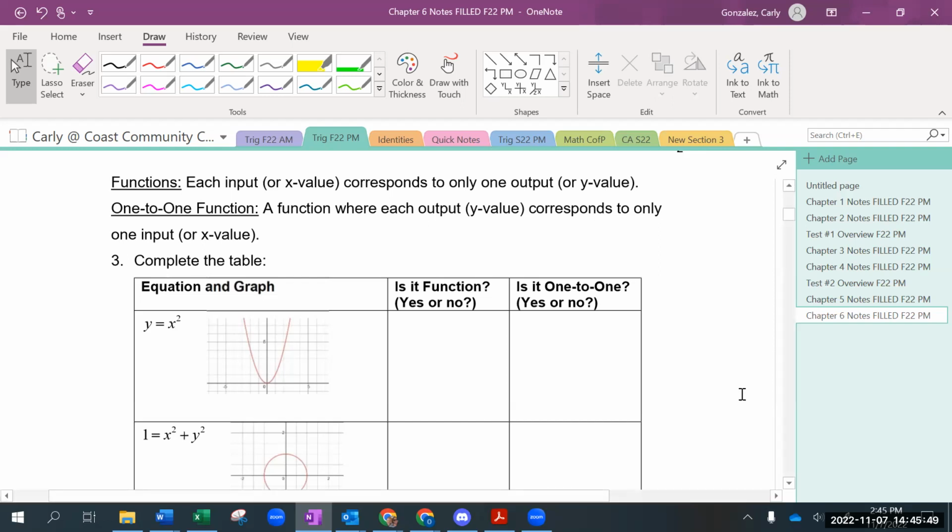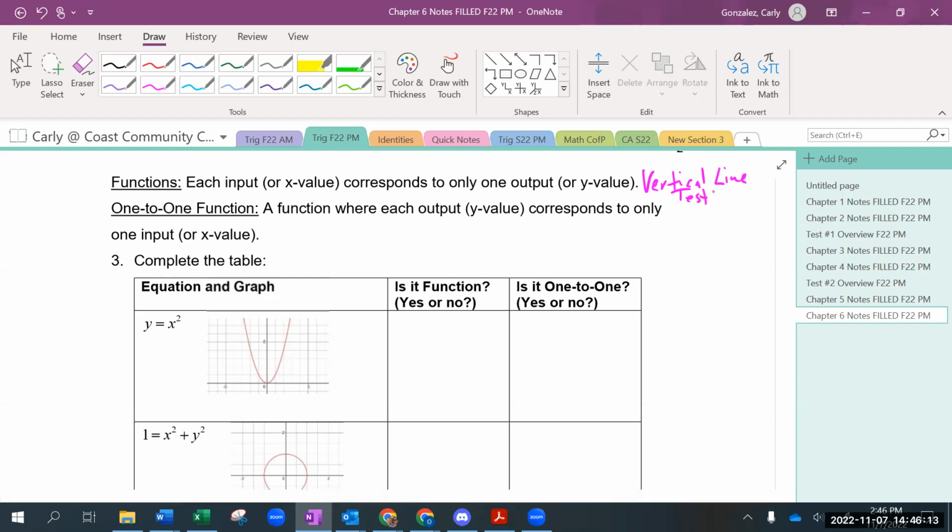When we were looking at functions graphically, we could test whether a graph represented a function using the vertical line test. And that was every vertical line could cross our graph at most once.